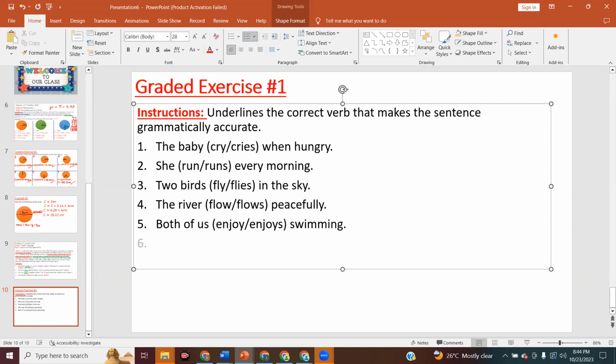Number six. The new series of books were released last week.